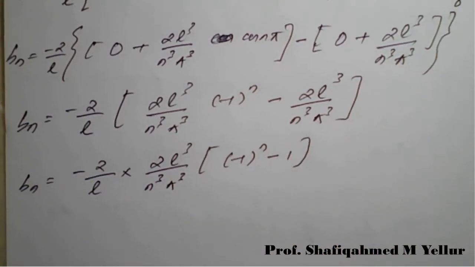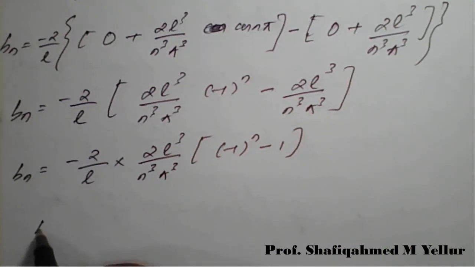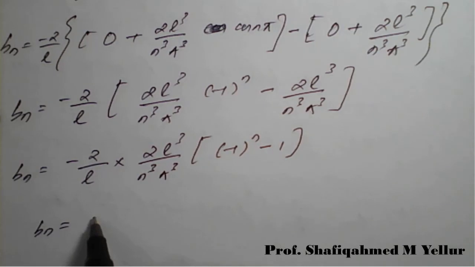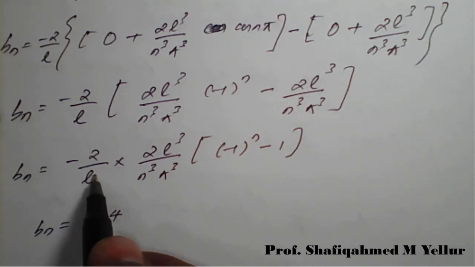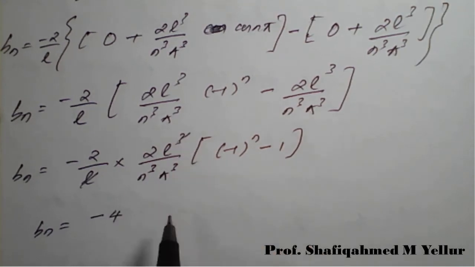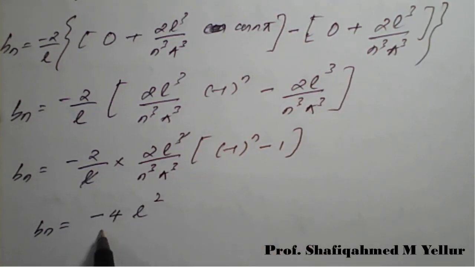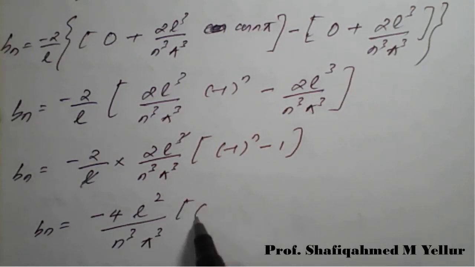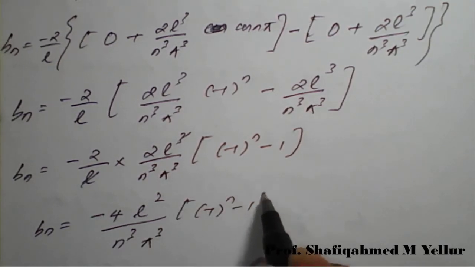So on simplification, Bn is equal to minus 2 into 2 is 4, minus 4. So this 1 L and among this 1 L cancel, so L square divided by n cube pi cube into minus 1 raised to n minus 1.